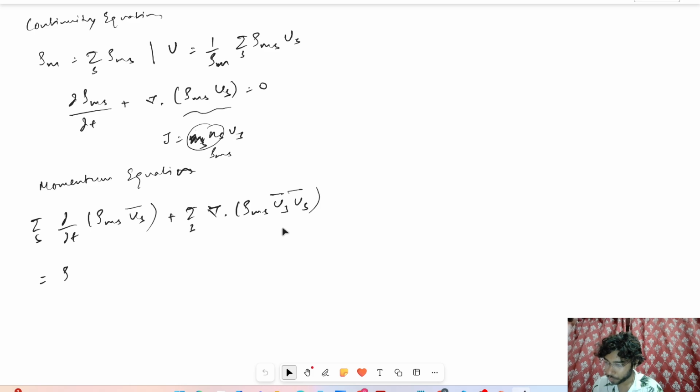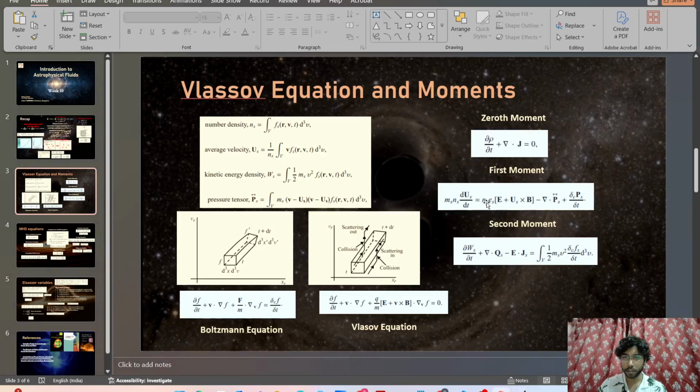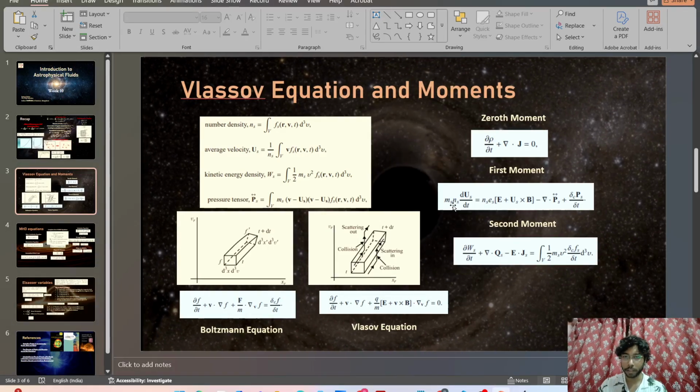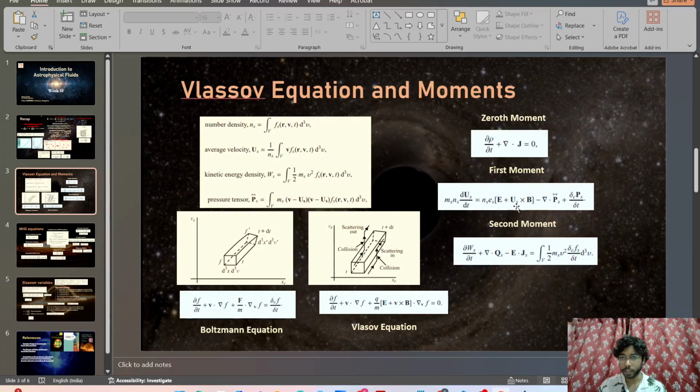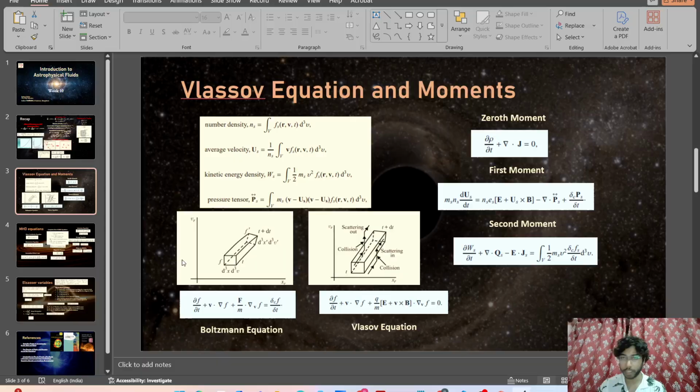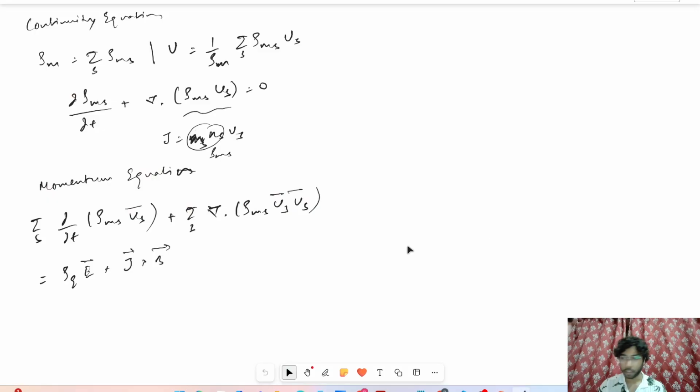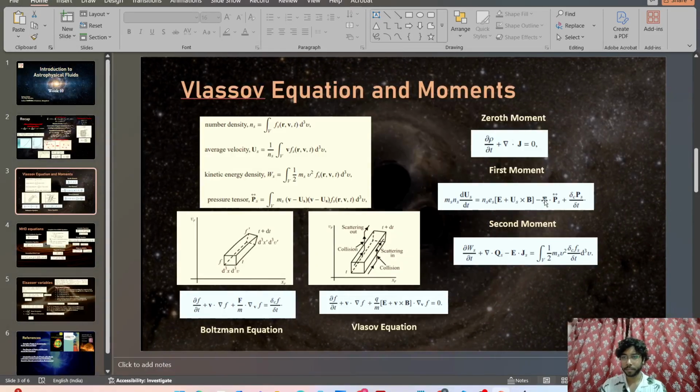And this is rho_q E plus J cross B. Rho_m is m_s n_s, and rho_q is e_s n_s, so rho_q E plus n_s e_s u_s is J cross B. Then we have del dot the pressure tensor P_s, the summation over s of del dot P_s.